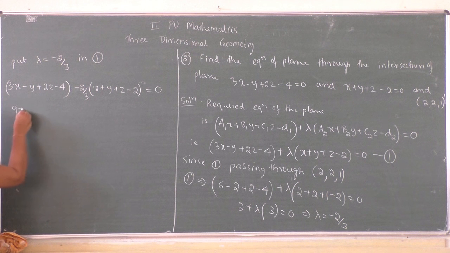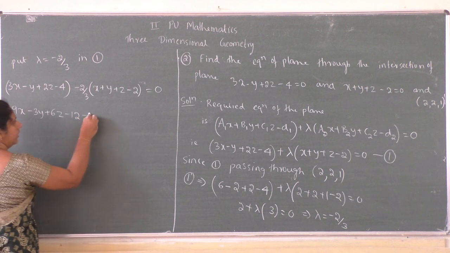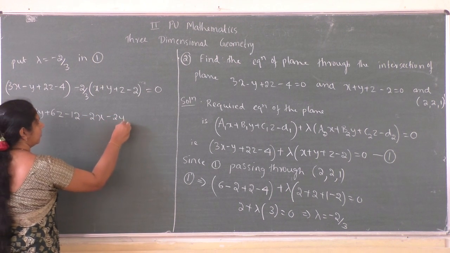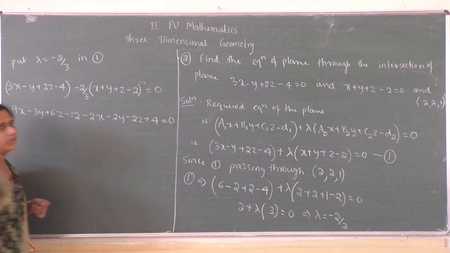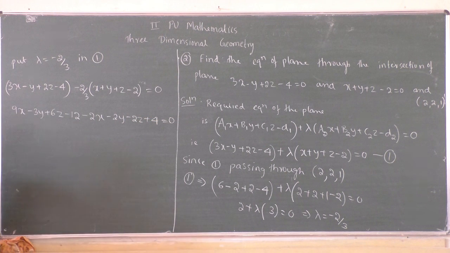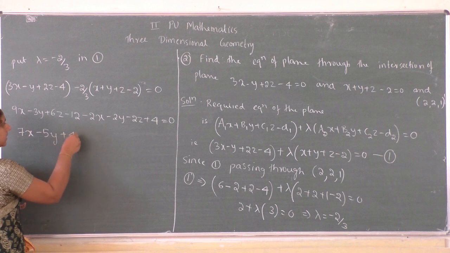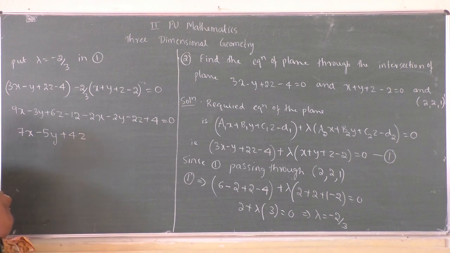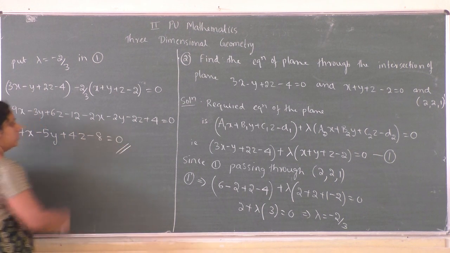So 3 into 3x, 9x minus 3y plus 6z minus 12 minus 2x minus 2y minus 2z plus 4 equal to 0. Now we will simplify. So 9 minus 2, 7x, minus 3y minus 2y, minus 5y, 6z minus 2z, plus 4z, and minus 12 plus 4, that is minus 8 equal to 0.